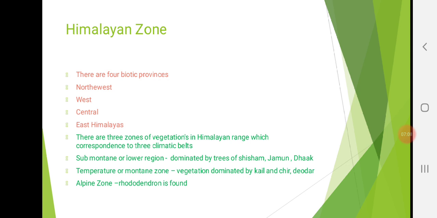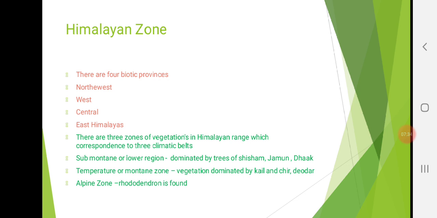And there are 3 zones of vegetation in the Himalayan range, which correspond to 3 climatic belts: the sub-mountain or lower region, in which jamun and dhak type of trees are present; the temperate or mountain zone, with vegetation dominated by oak and cheer, deodar.